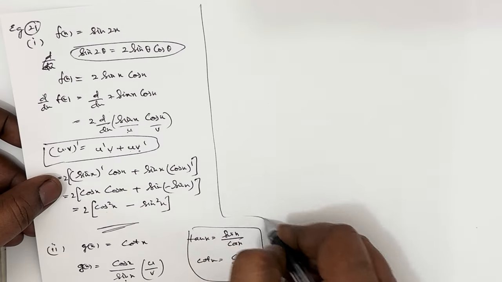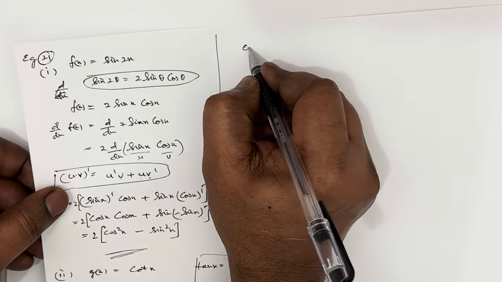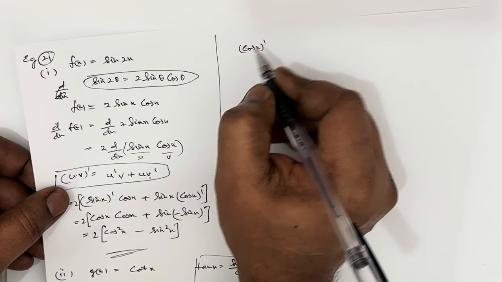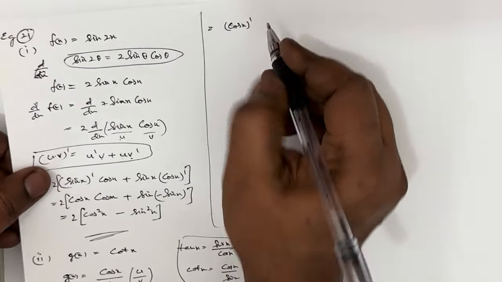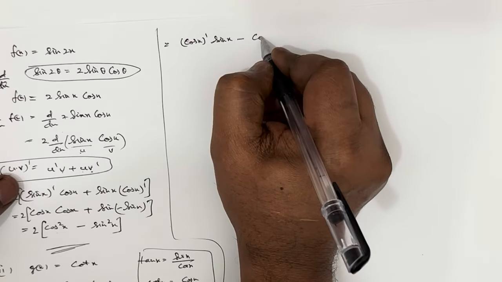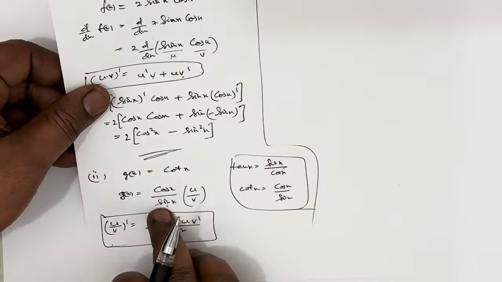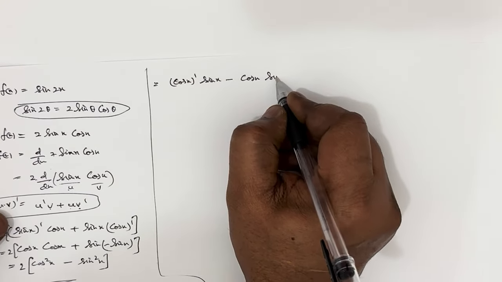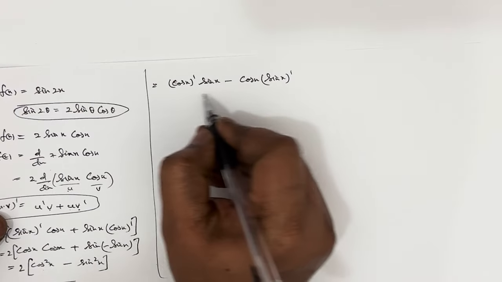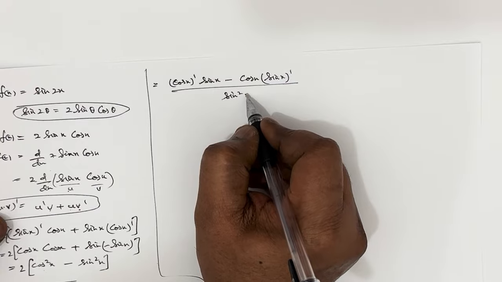So u dash is cos x whole dash, and v is sin x, minus u is cos x, next v dash is sin x whole dash, upon v square, that is sin square x.